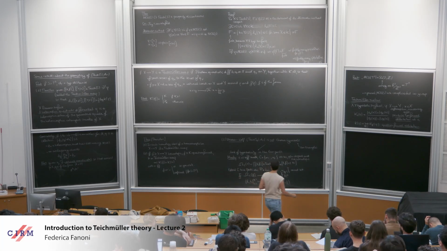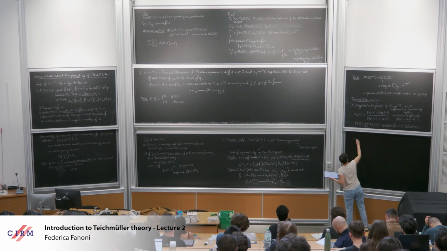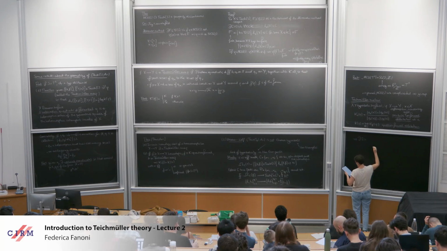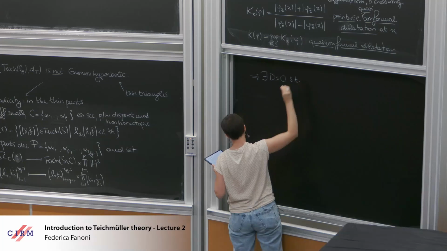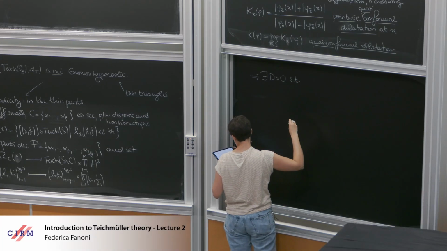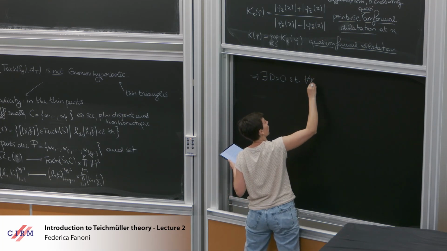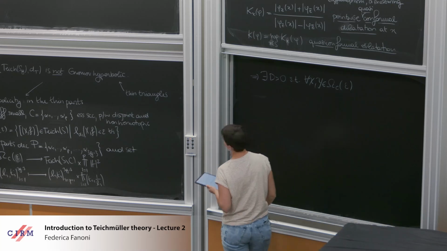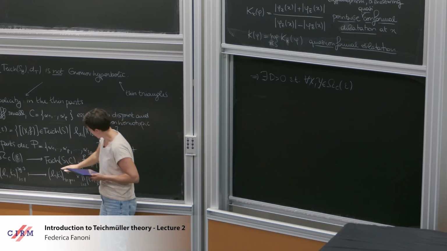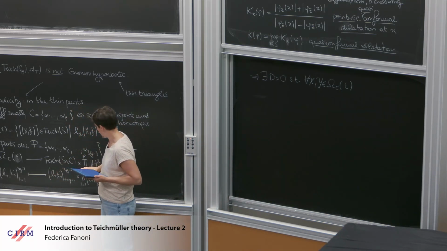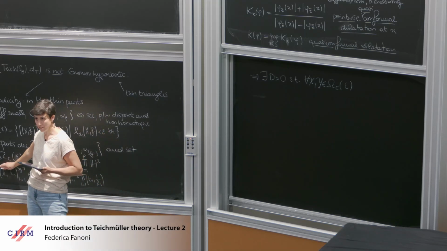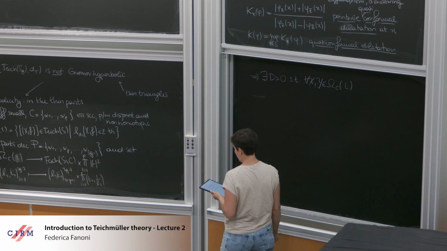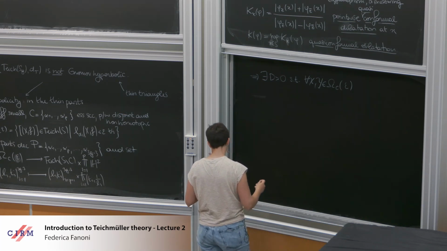Okay, then what he shows is that there exists some constant D such that if I take any two points in this thin part, I can look at how much... So here I have the hyperbolic distance, and here the Teichmüller distance. And what I'm saying is that this map is not far from being an isometry.